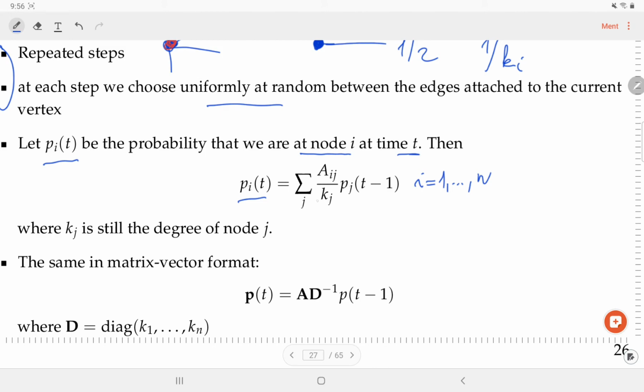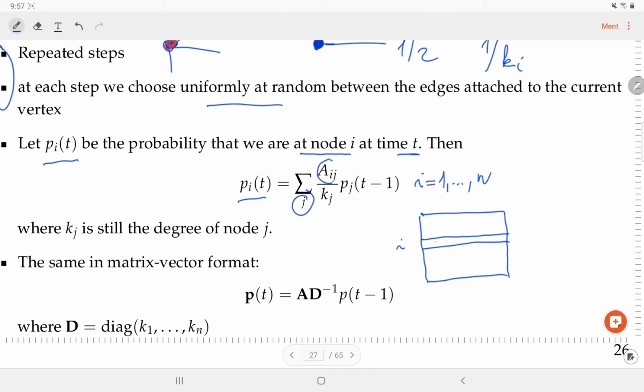You can see that we are considering the entry of the adjacency matrix. So if we had the adjacency matrix like this, the row i is fixed, we consider row i, and j is the running index.